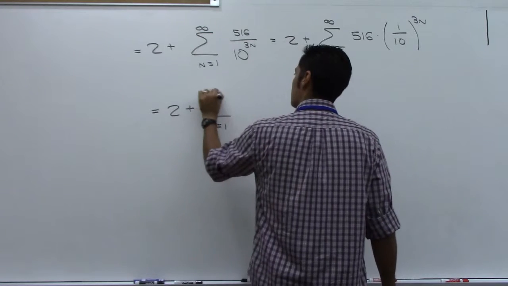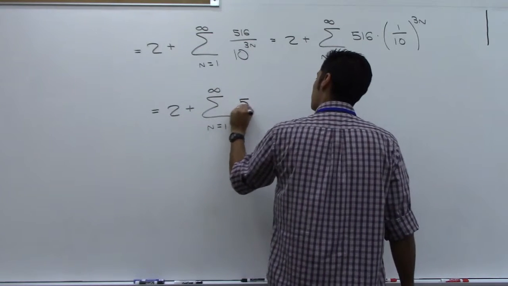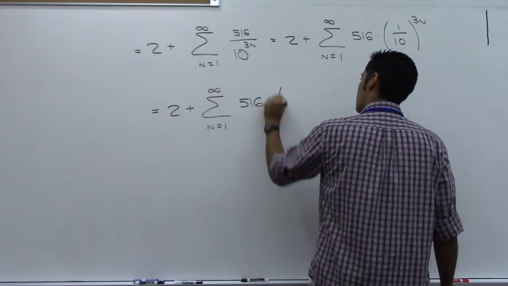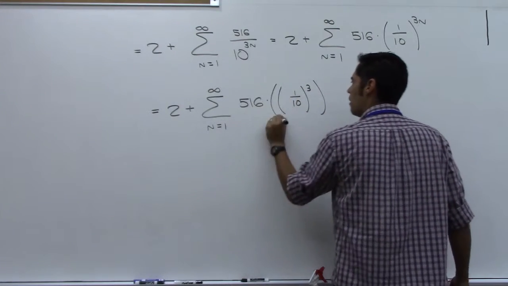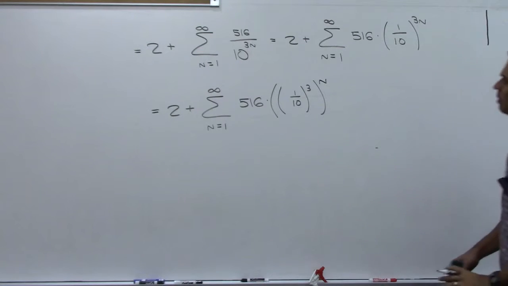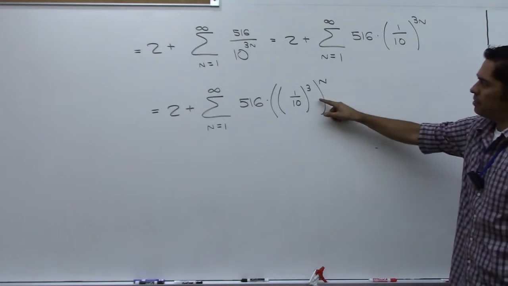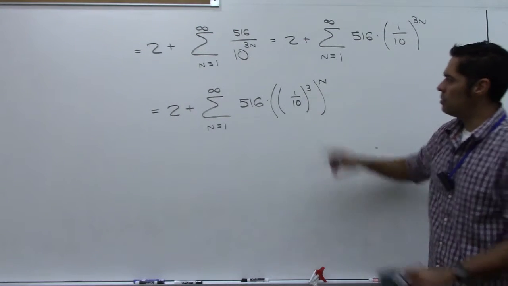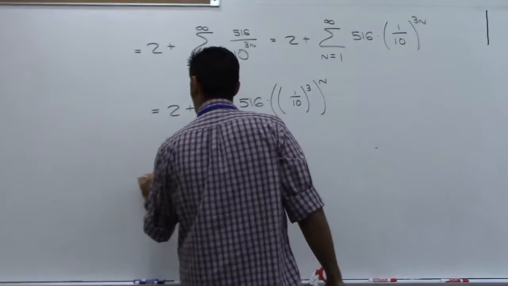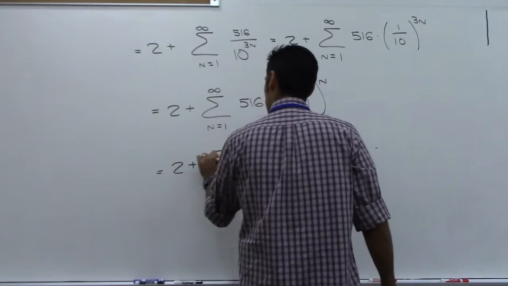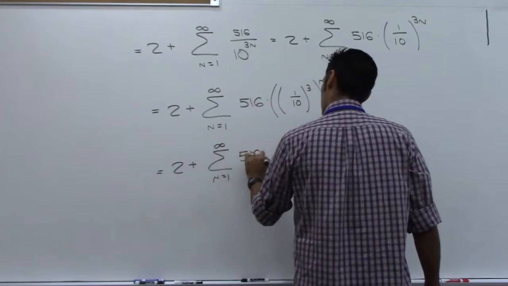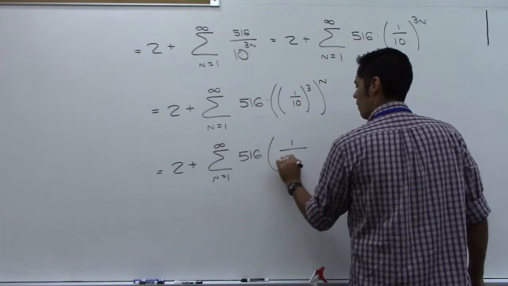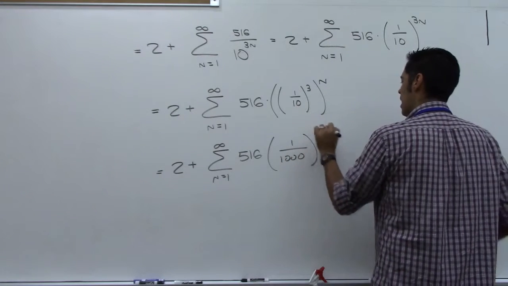So I'm going to write it this way. 516 times 1/10 cubed to the n. And that way I can get this from this. Now 1/10 cubed is 1/1000th to the n.